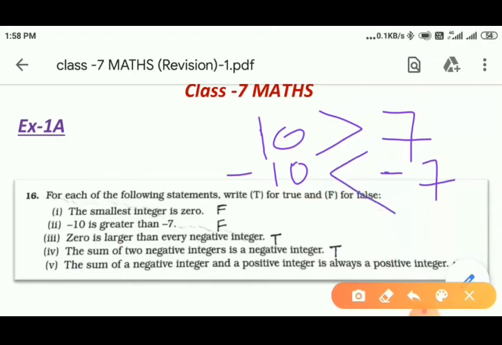It means negative 10 will be less than negative 7. In short, we can say with the negative sign, the bigger the number is, actually it is smaller. So minus 10 is smaller than minus 7, not greater than. That's why this statement is false.